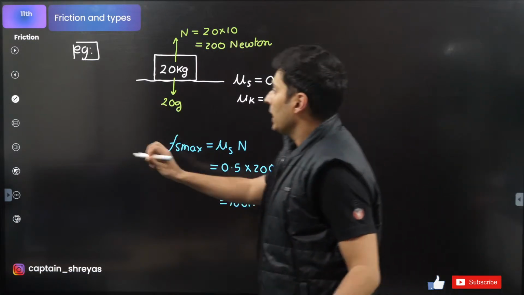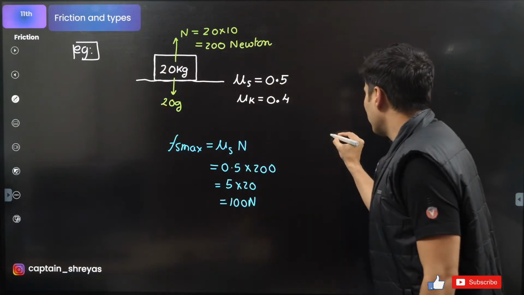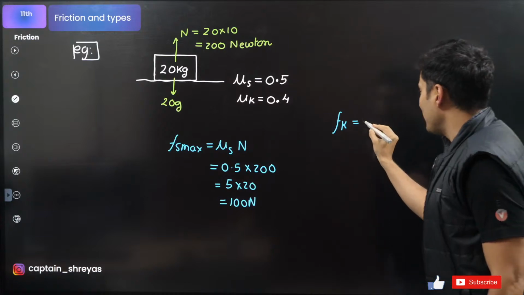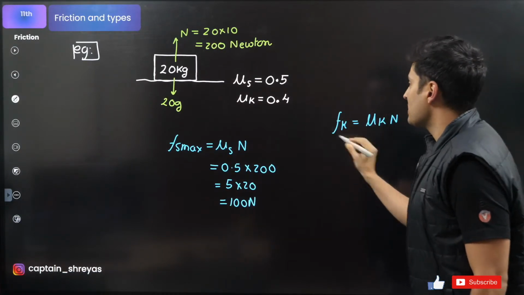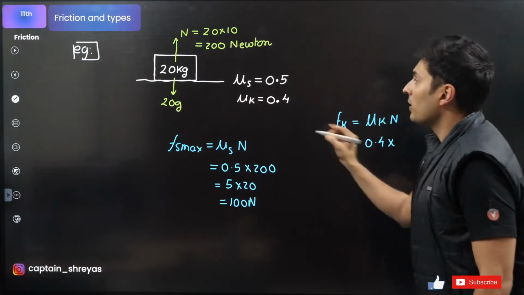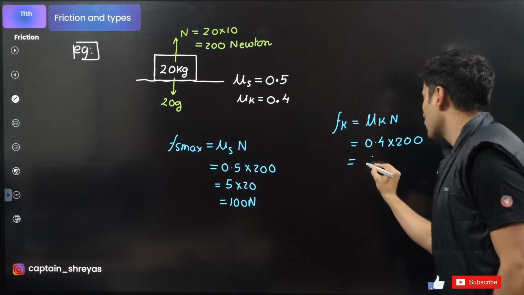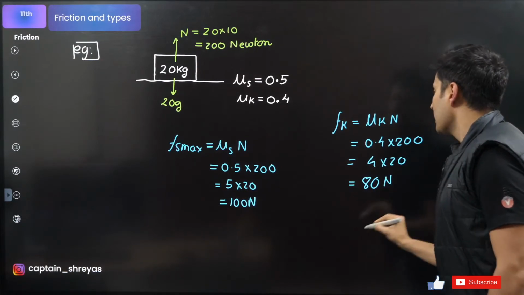Great. Now another thing that we can find out is the value of Fk. Fk will be nothing but mu k into n. Mu k is 0.4. Normal force is 200. I can swallow one zero, so it will become 4 into 20. That means this will become 80 newtons.